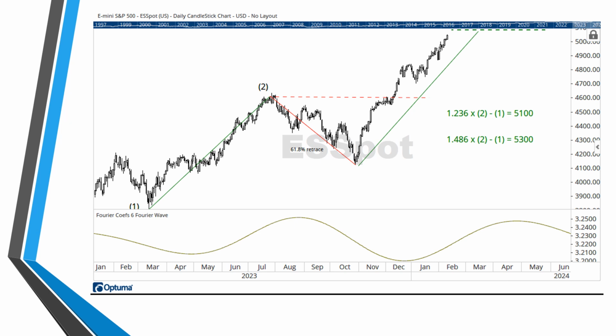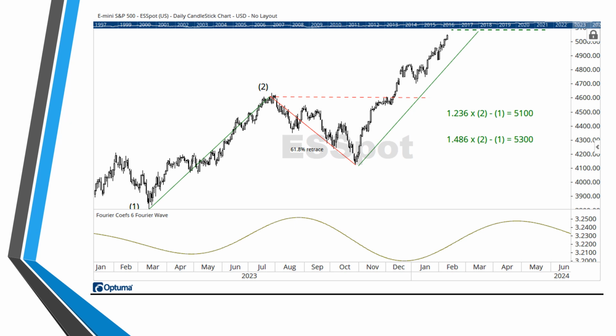So again, we've got some Georg Bayer astrology. We've got some Fibonacci math giving us a potential overhead target. And what did I say? End of March is potentially something that is going to happen on the Georg Bayer astrology. Well, take a look at the bottom pane of this S&P chart.